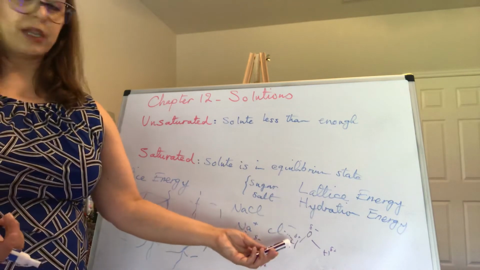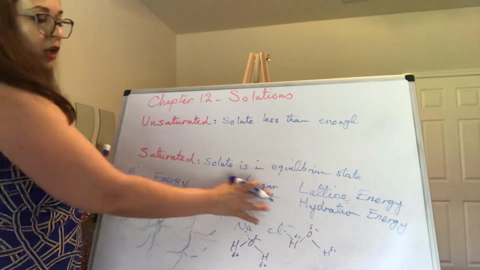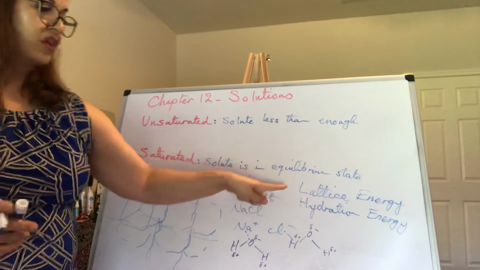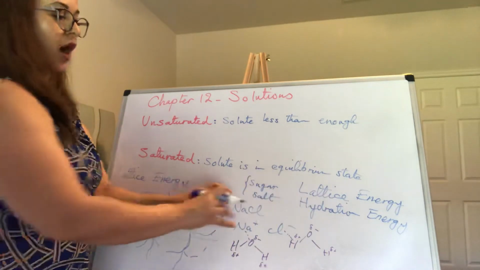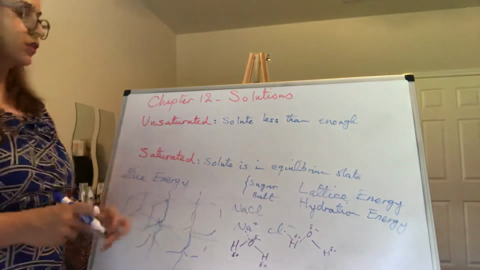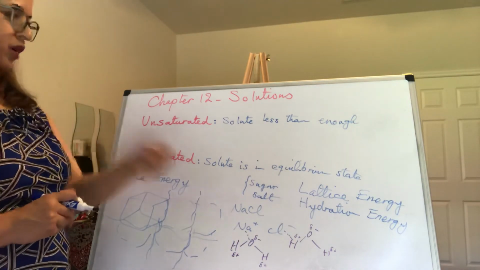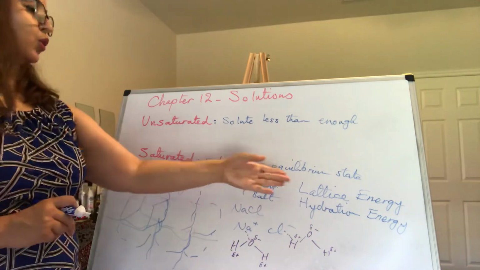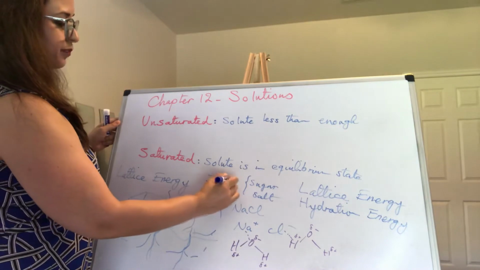Dipole, between chlorine and hydrogen. So this is called hydration. So we first need to overcome the lattice energy, and then the hydration energy is going to work to dissolve the solute. So we're talking about an ionic compound, so lattice energy is for ionic compound.